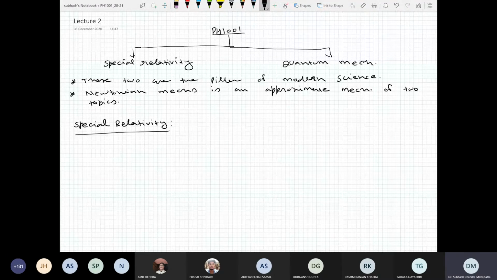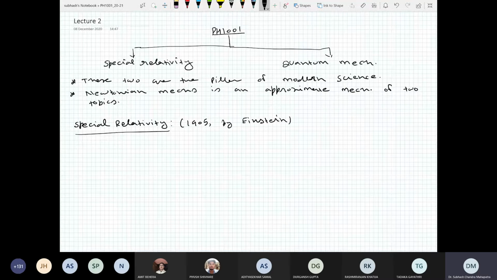So what is special relativity? Special relativity is one of the most beautiful and elegant theories ever created by mankind. It was developed by Albert Einstein in 1905.